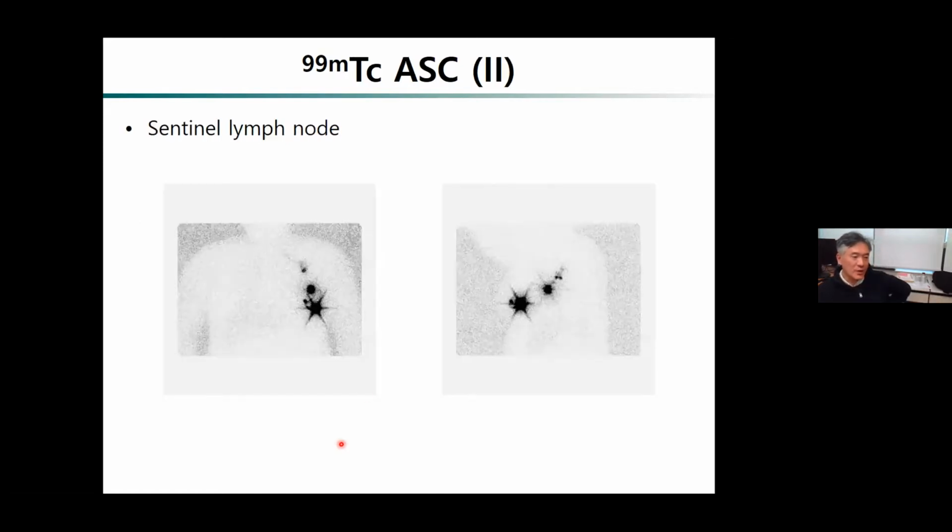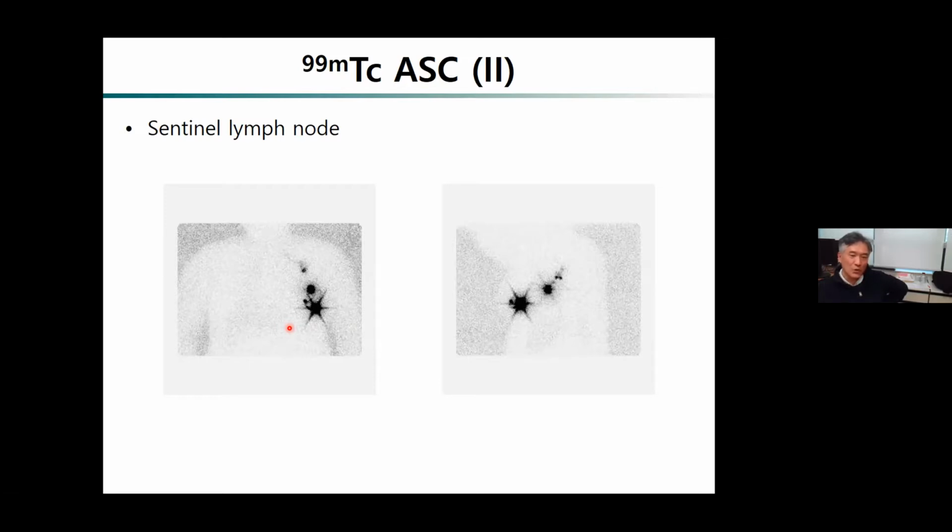Another application of technetium antimony sulfur colloid is sentinel lymph node detection. Especially for a breast cancer patient, the primary site of the cancer will be removed from the breast, but there is still some possibility of metastasis of the tumor cells.